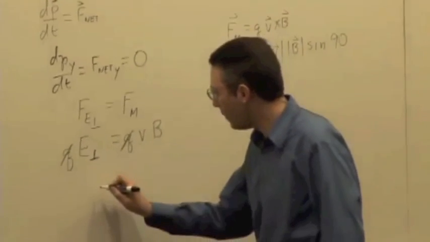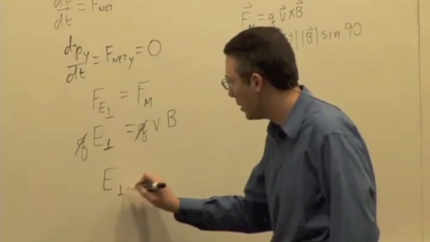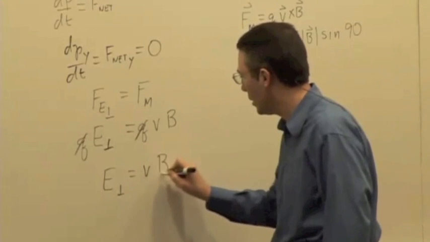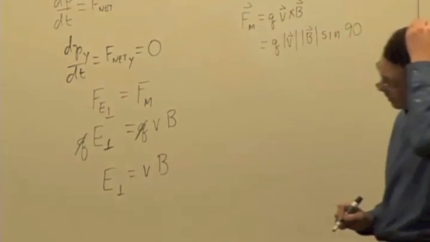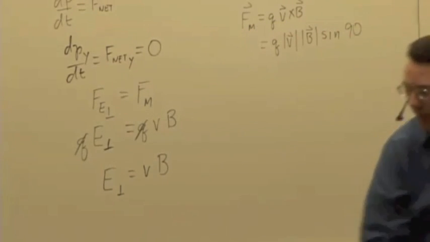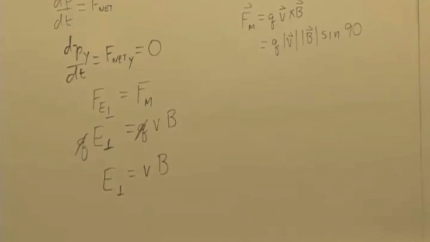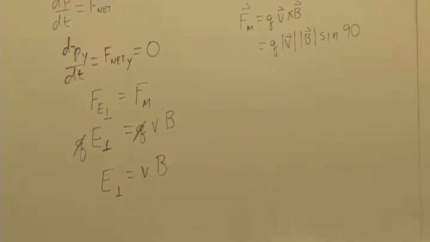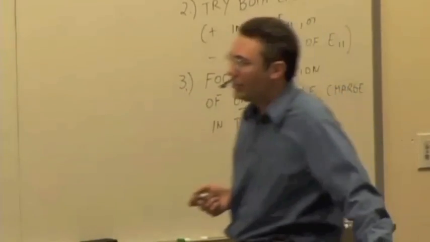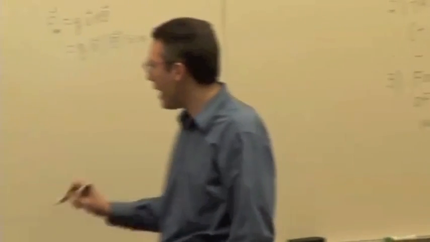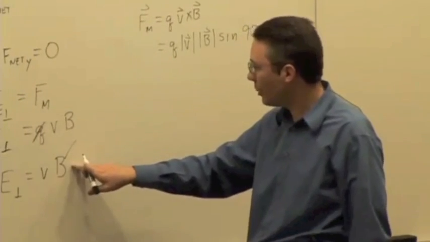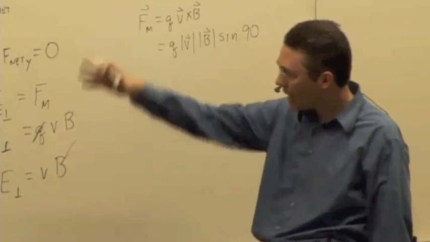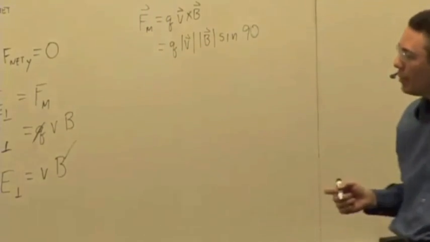And so we have the magnetic field showing up in here, and we have E perpendicular is equal to V times B. Well, okay. We don't know B, but that essentially has the information we're going to need to find it, because that is how we're going to get to the magnetic dipole moment.